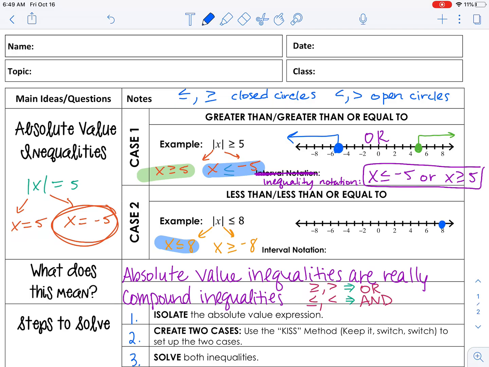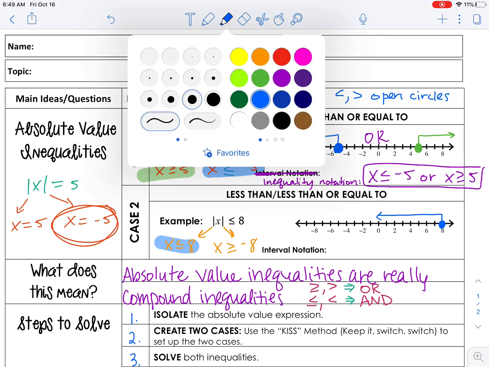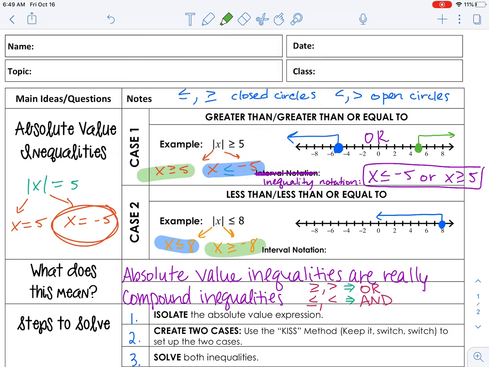I need to draw a closed circle over 8, and then I want the numbers less than or equal to 8, so I need to go this direction. Then for the other inequality, we want x to be greater than or equal to -8. So I'm going to need a closed circle right here over -8. And I'm going to draw my arrow going to the numbers that are bigger than -8.